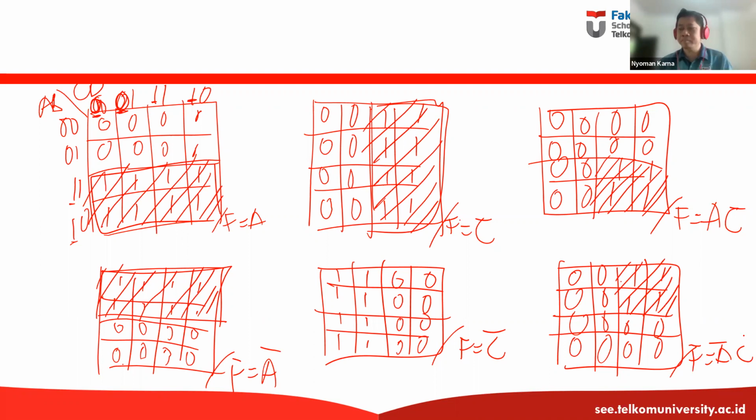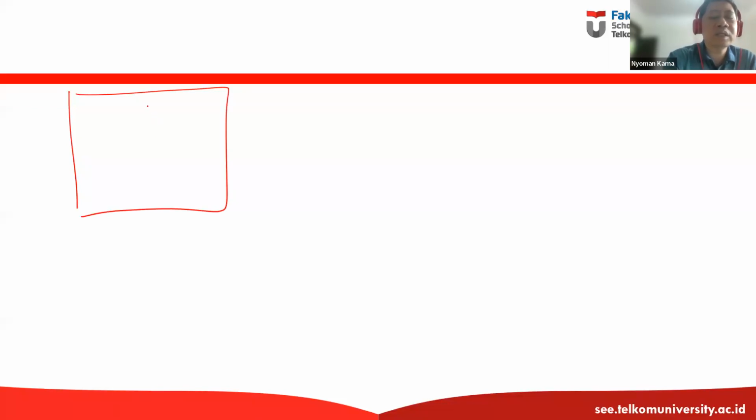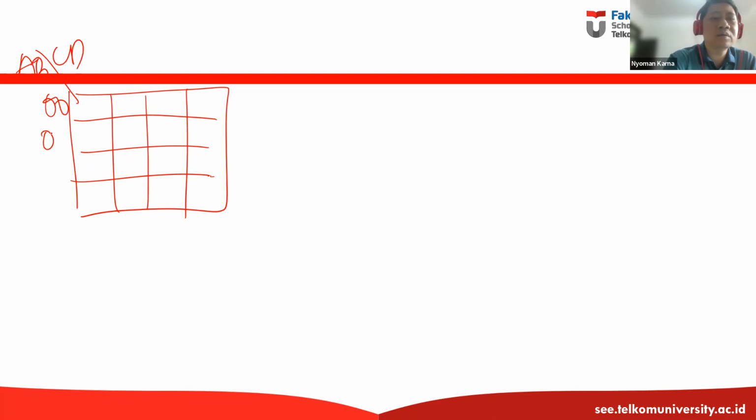Now let's take another example, by using B and D. A, B, C, D: 0, 0, 0, 1, 1, 1, 1, 0, 0, 0, 0, 1, 1, 1, 1, 0. B is active on this row. So it will become like this.